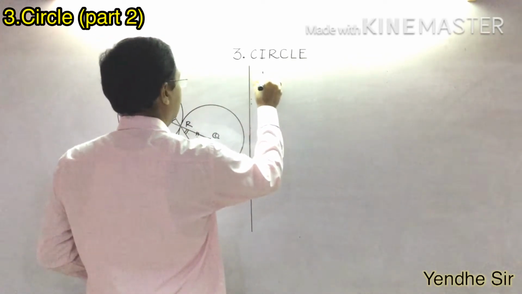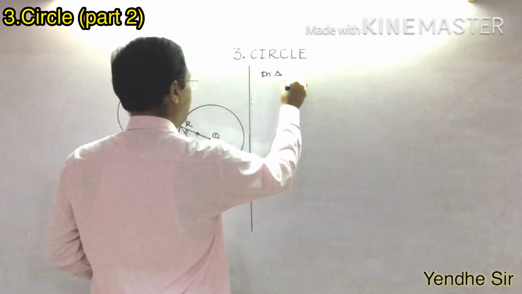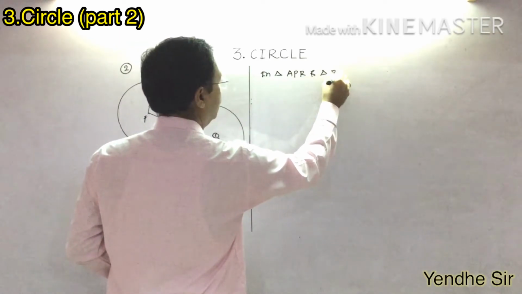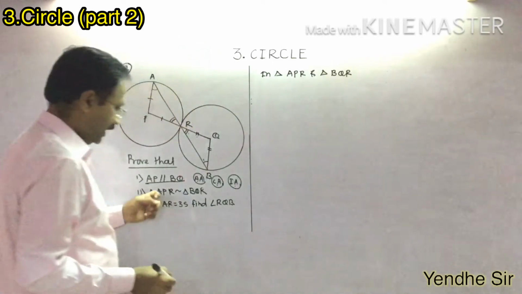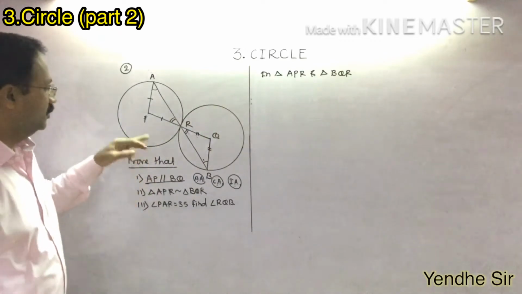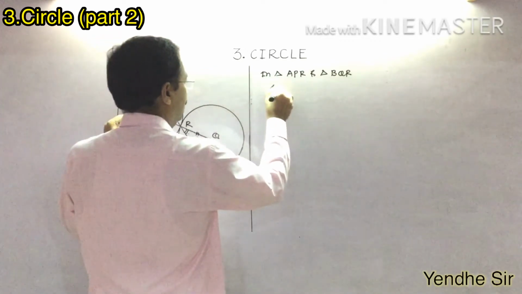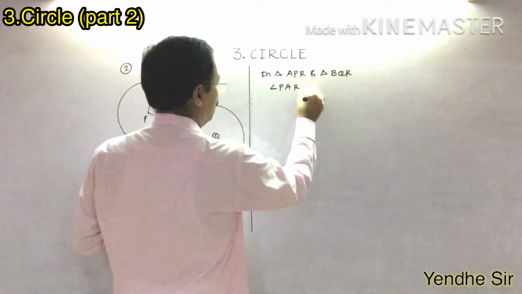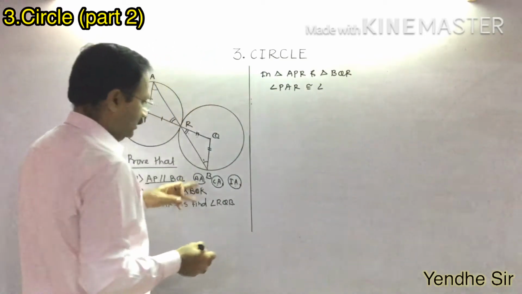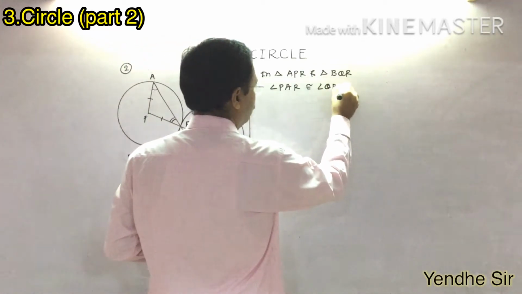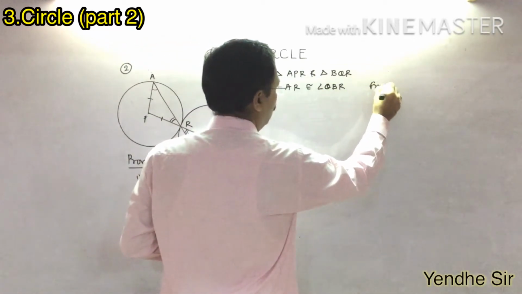The second part, in triangle APR and triangle BQR. The triangle which you have to show, you have to write the name of that triangle first. Okay? Then which angle? Angle PAR is congruent to angle QBR from 4.